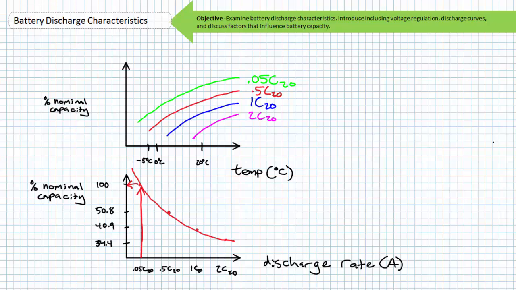The battery will have 100% of its nominal capacity, as one might expect. However, as discharge rate is increased, available capacity decreases. We observed only 50.8% capacity at the 0.5 C20 discharge rate, 40.9% capacity at the 1 C20 rate, and only 34.4% capacity at the 2 C20 rate from our previous experiment.